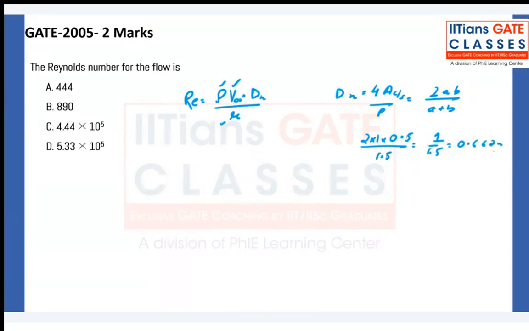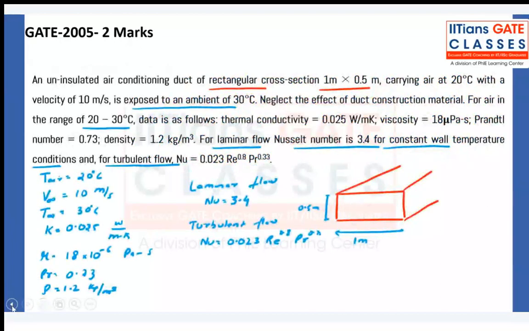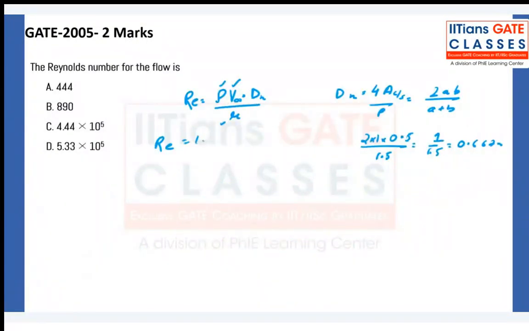Everything else is known to me. Density is 1.2, mu is 18, and V infinity is 10. Have you calculated it? Yes, I can go back. Of course, I can go back.